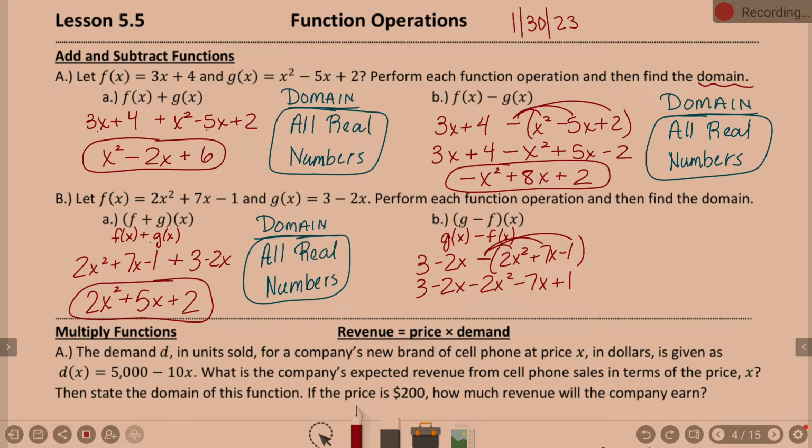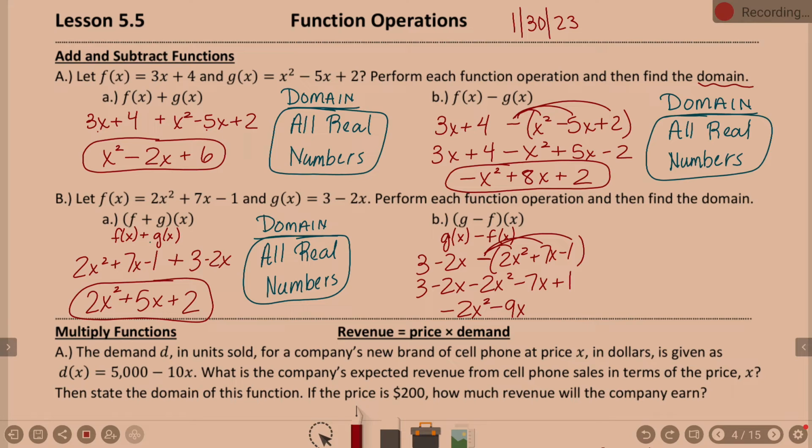Okay. What you got here? Okay. Negative 2x squared is my only squared term. Minus 9x, because we have a minus 2x and we're subtracting 7x.